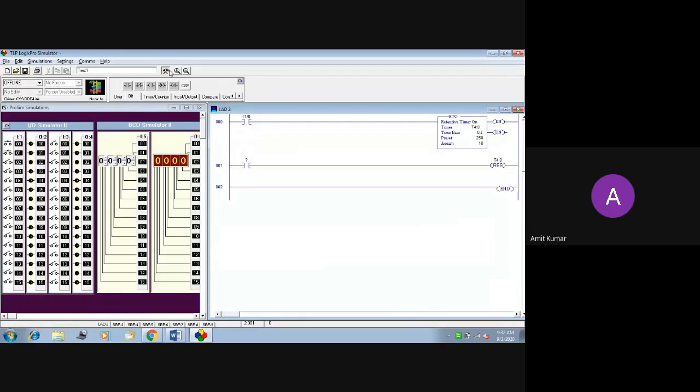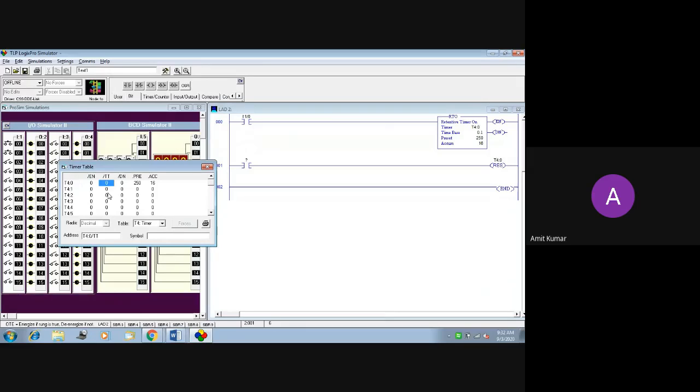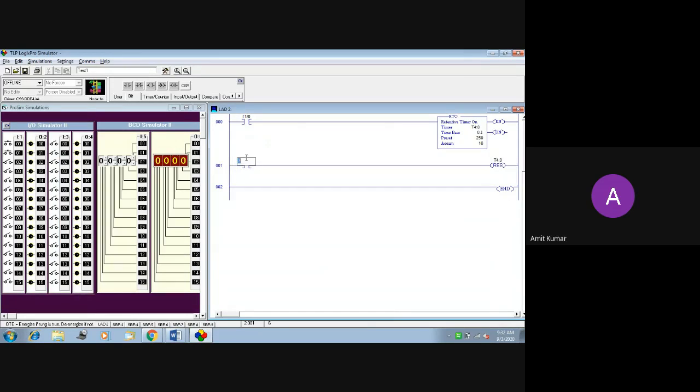Whenever the done bit goes high, it will reset the timer. So when it completes the count, or it has generated the delay of 25 seconds, then it will be reset again. So the timer will be running in a loop. It will continue to run for 25 seconds until you switch off the machine.